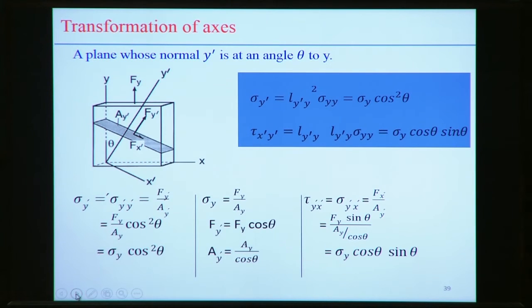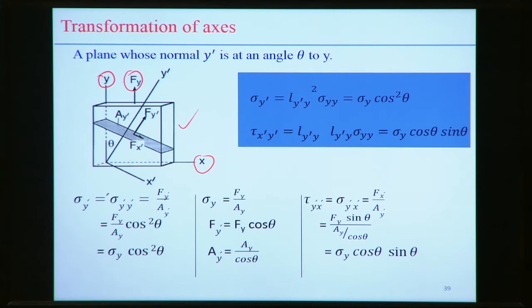Now we can verify whether these transformation equations are in the right direction or not. In the last class we also discussed that theoretically we can estimate this in a two-dimensional system, where initially the axis system is x and y. We have defined the force Fy acting along the y direction and Fx along the x direction.